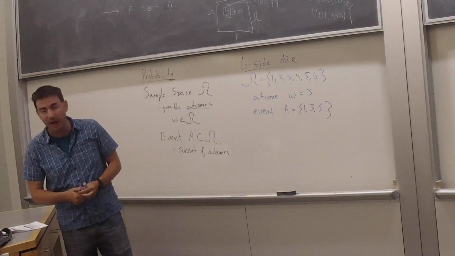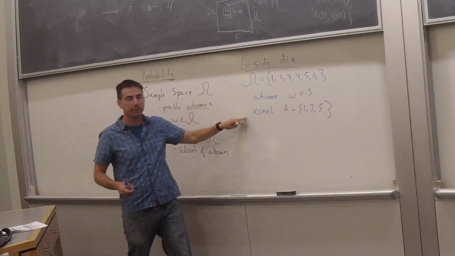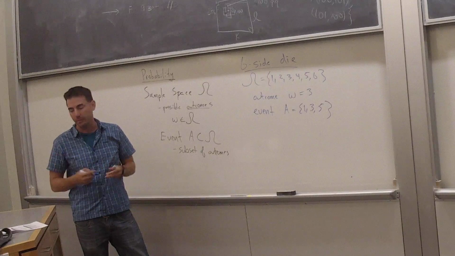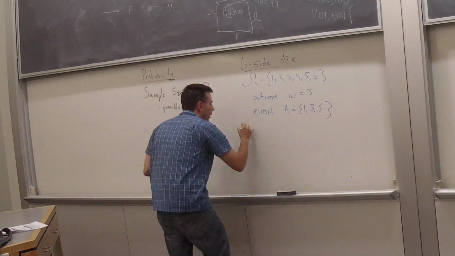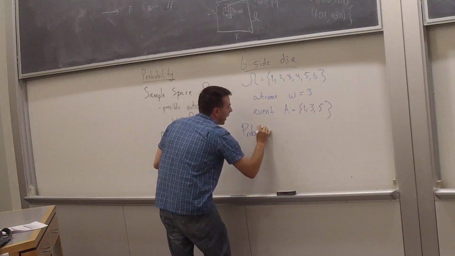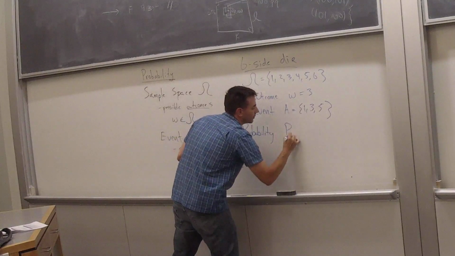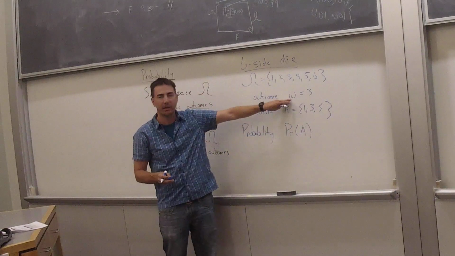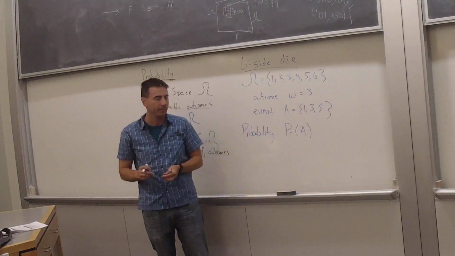All right. So once we have a sample space and we understand outcomes and events, we can talk about probability. In this discrete case, I can say the probability, and I'll write this Pr, of the event A, and an outcome is a type of event, so this covers the probability of a particular outcome.